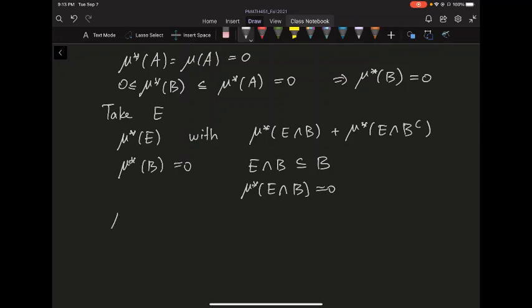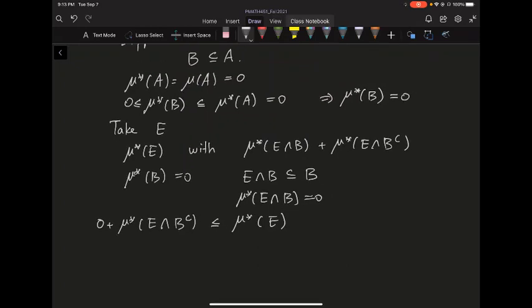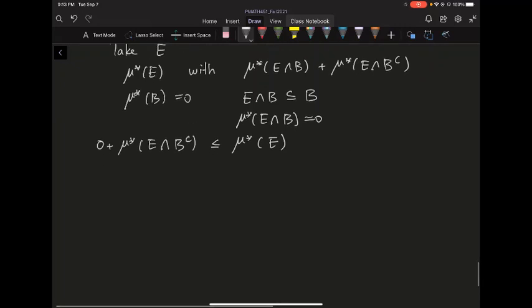So the other part is mu star of E intersect B complement. Basically, I just need to compare that with mu star of E. I know it cannot exceed mu star of E because it's, again, a smaller set. So by monotonicity, this is bounded above by mu star of E, and you can just add a 0 that's still bounded above by mu star of E, and you know the 0 is the mu star of E intersect B. So what do we have?